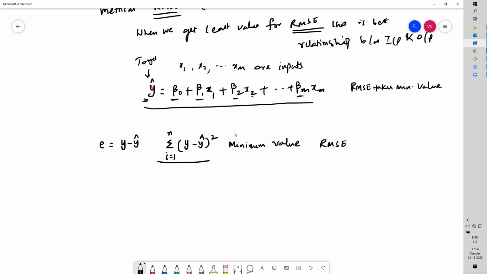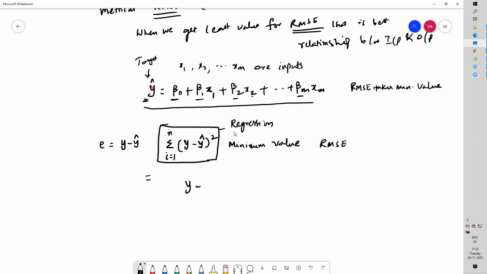So this here is called the cost function. In machine learning, whenever we want to learn something, we need to have a cost function. So this here is the cost function that we use for regression. Let's see how we can write this.